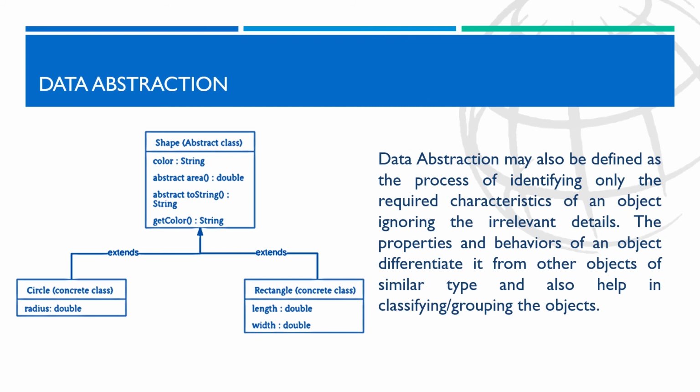Data abstraction may also be defined as the process of identifying only the required features of an object, ignoring the irrelevant details. The properties and actions of an object differentiate it from other objects of similar type, and also help in classifying or grouping the objects.